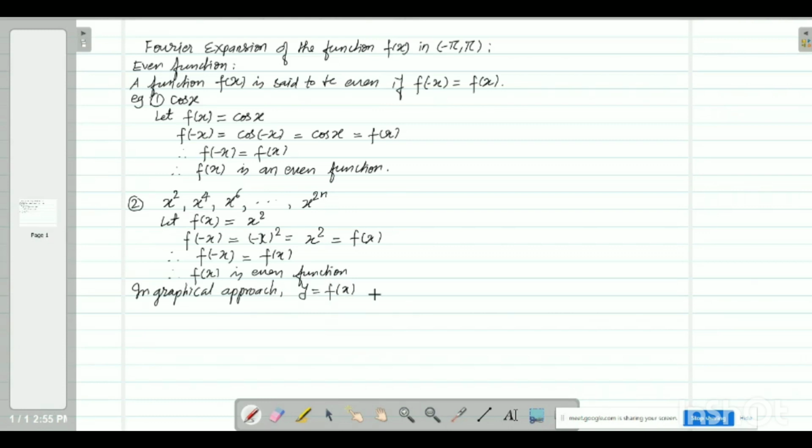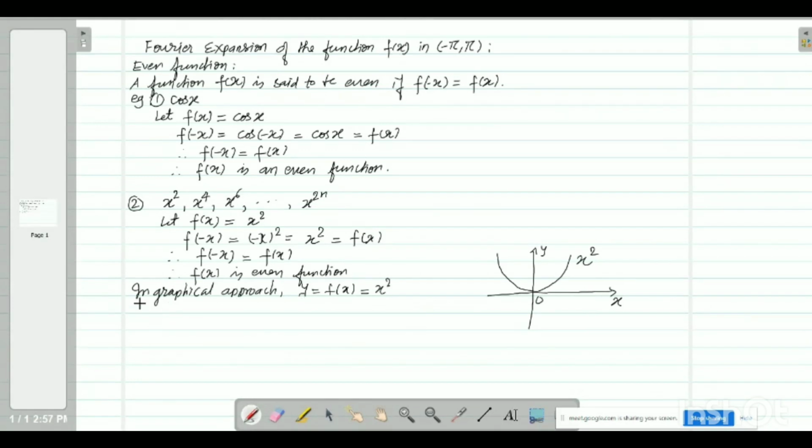But f of x is x square. So what is the graph of x square? This is your y-axis and this is your x-axis. I draw the graph like this. This is the graph of x square. Here is the origin. If your graph is symmetric about the y-axis, then that function is an even function. Symmetric means the length of this is the same as the length of this.